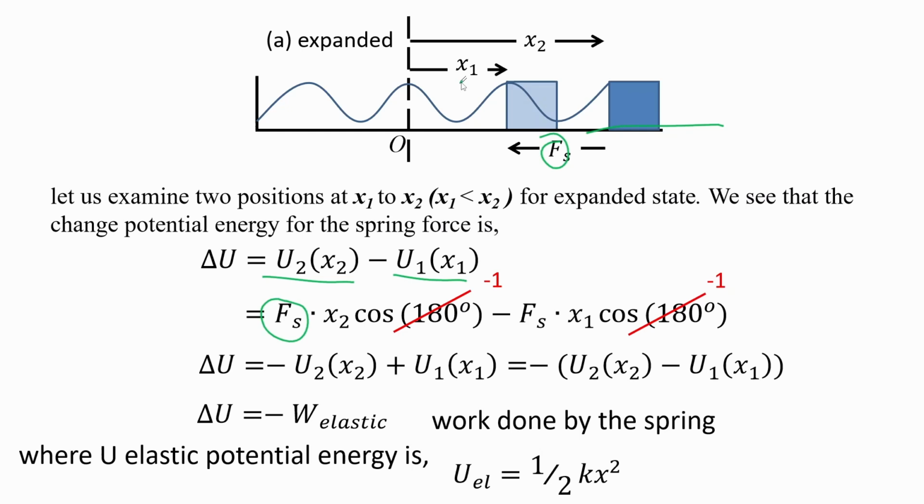So you have 180 degrees, and cosine 180 degrees gives you negative one. So this becomes a negative, and this becomes a negative also, but a negative times a negative becomes a positive.